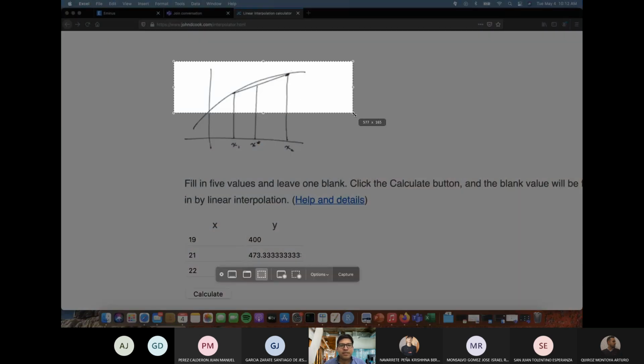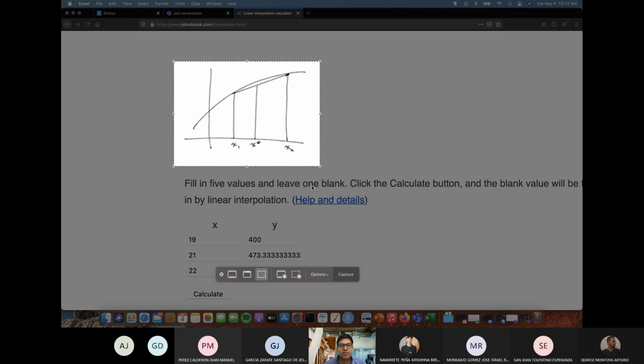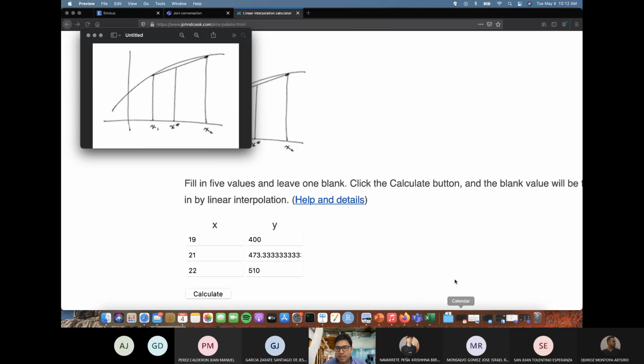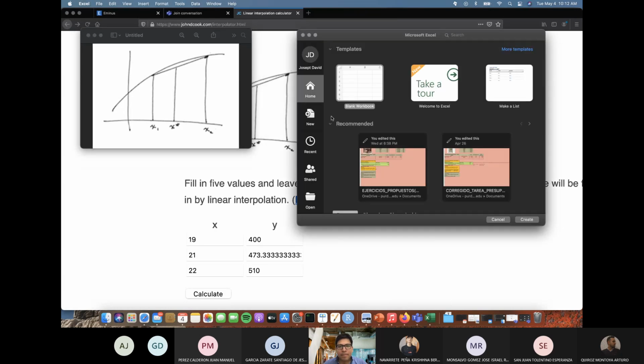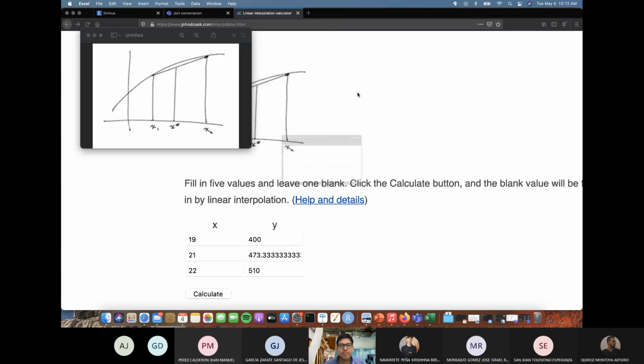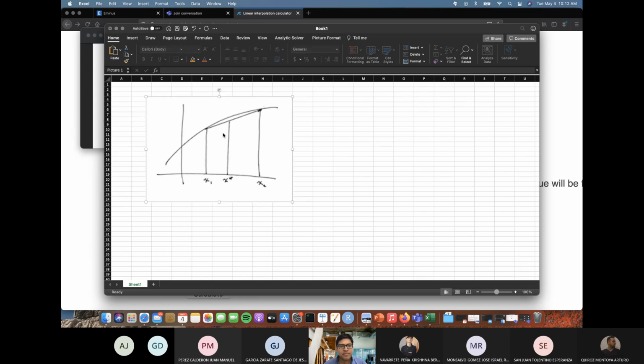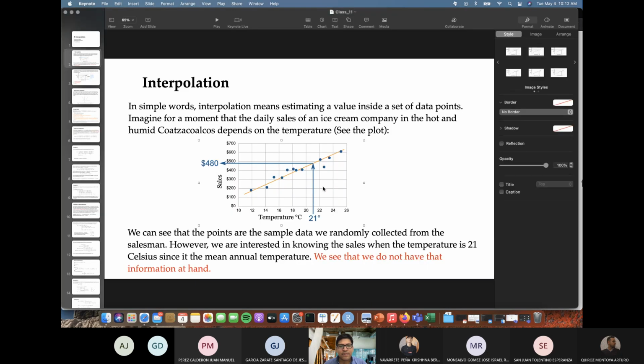This plot. So capture on C, and then let's take it to a blank one of this one. Here. So let's take also the one we have here.